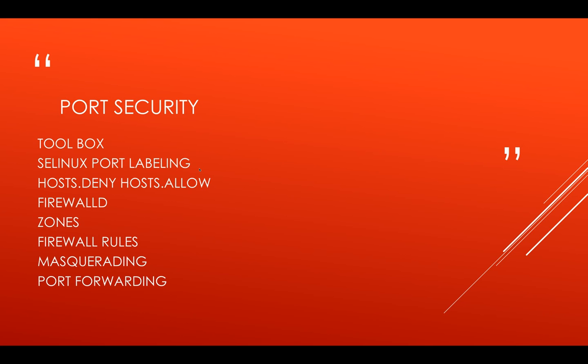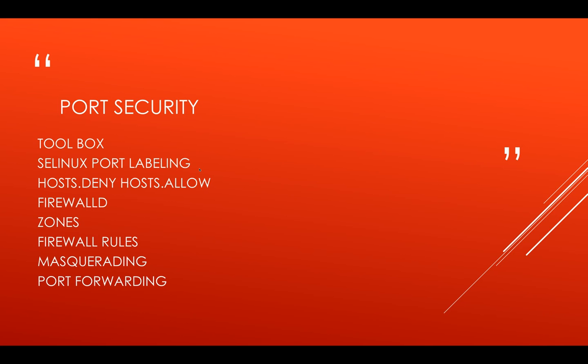So we had some discussion around SELinux and port labeling. We introduced the hosts.deny file and the hosts.allow. We didn't talk about the hosts.allow, but it's basically one file is used to deny, the other one is used to allow. A lot of administrators use the hosts.allow file more than the deny, because they can add the deny statement on that file anyways.